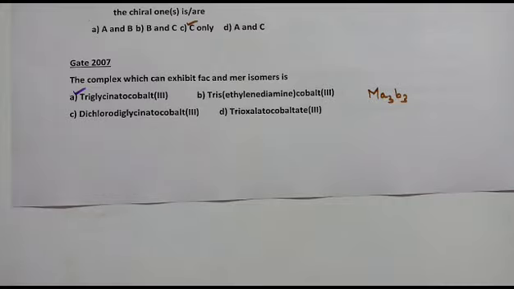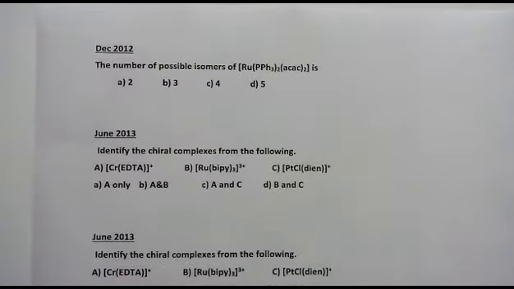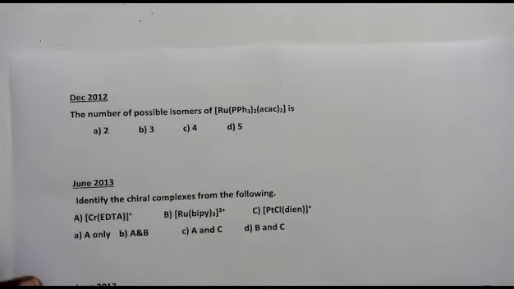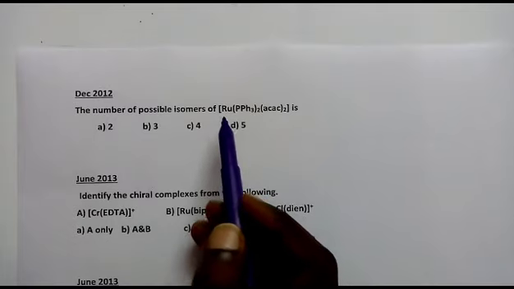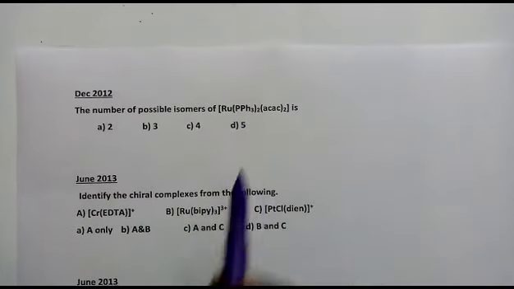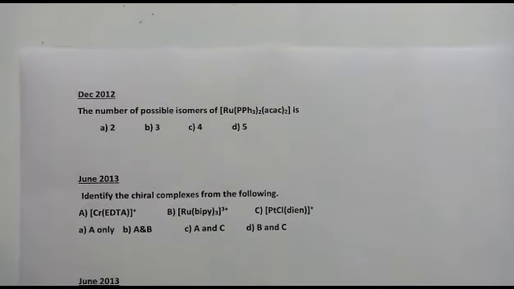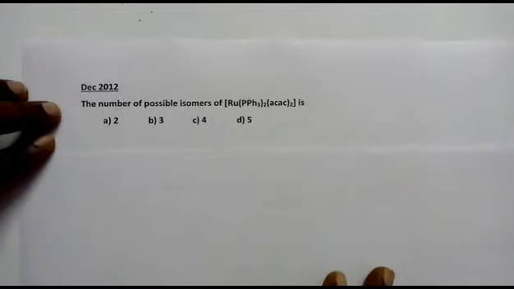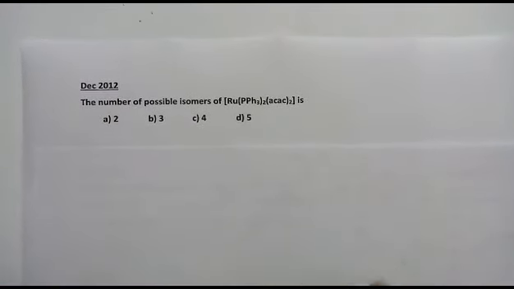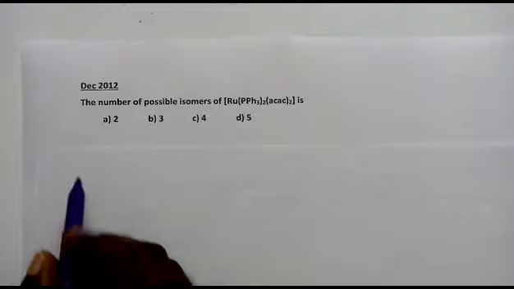And let's take this one. The number of possible isomers of the ruthenium ACAC bis triphenylphosphine complex. Look at this complex. How does it look? ACAC means acetylacetonato ligand.